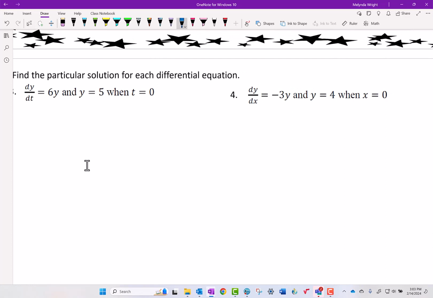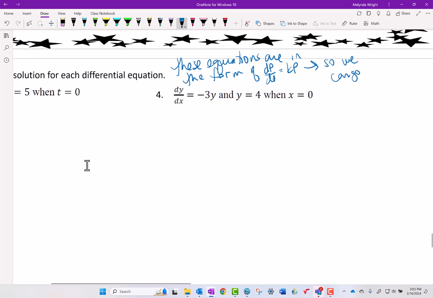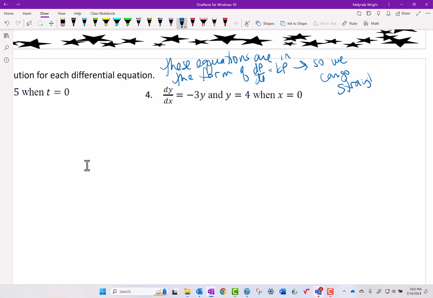These equations are in the form of dP over dt equals kP. So we can go straight to the solution, which means position.